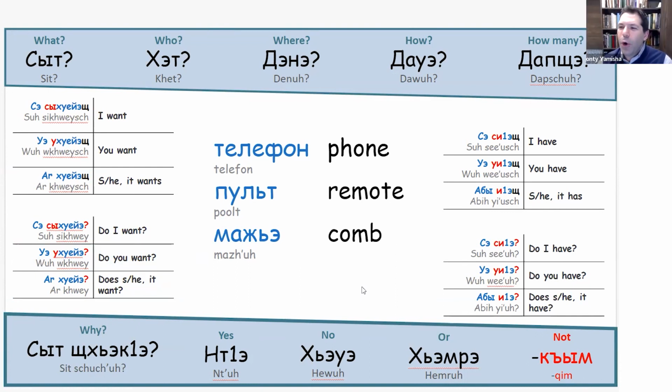Wait, say what I said again. If I say peshka, so pej means correct, right? But if I say peshka, it means isn't that correct?